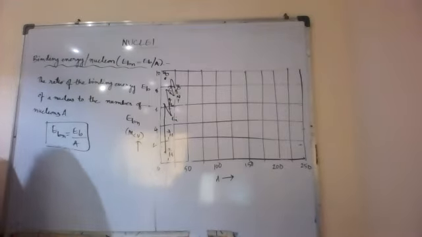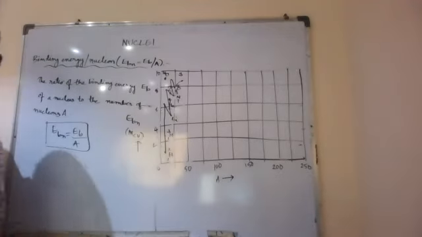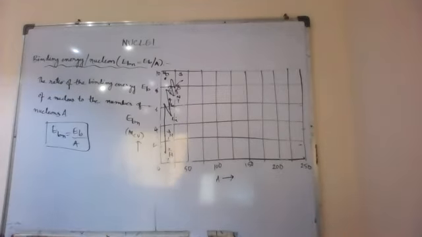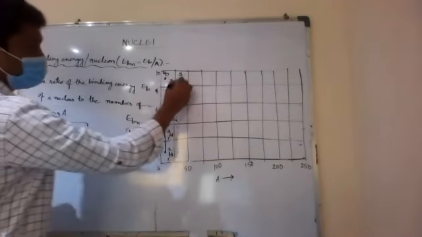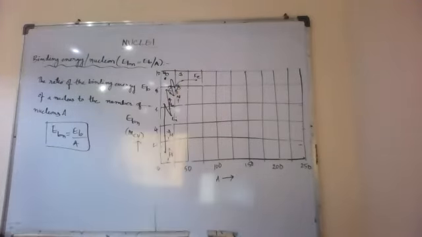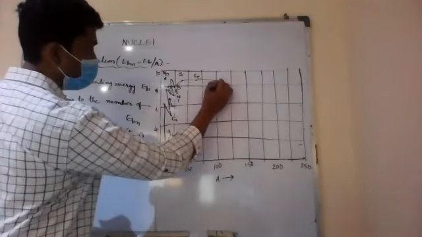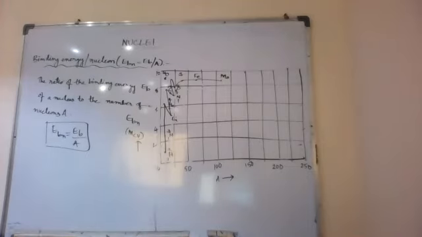Now then comes sulfur. Sulfur is somewhere here, sulfur 32. Then iron, Fe. Then Mo. What is the name of that element Mo?